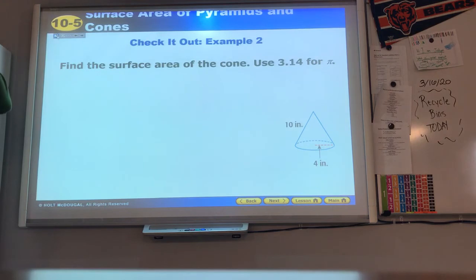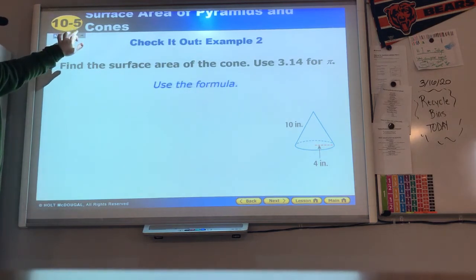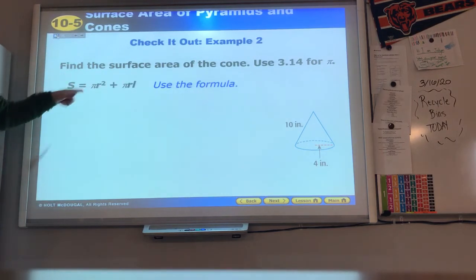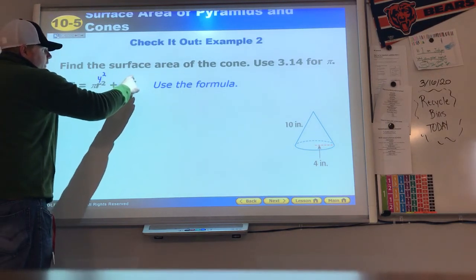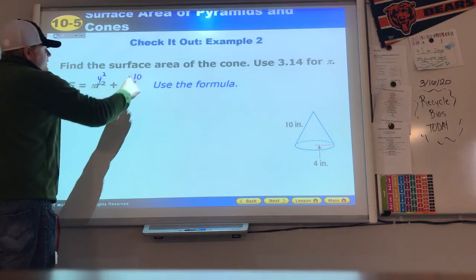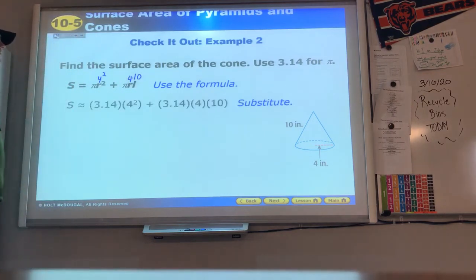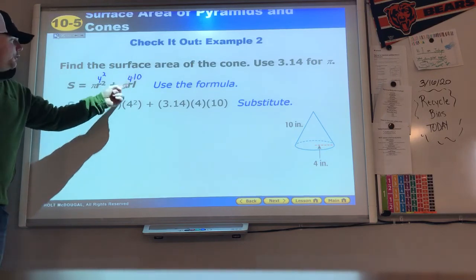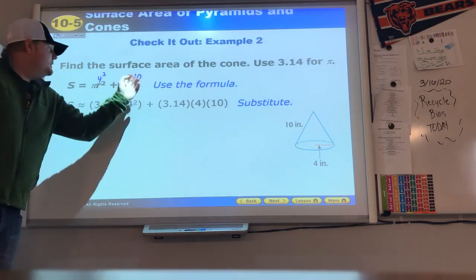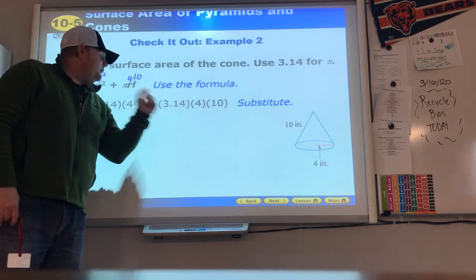So, we look at the formula. Use that first. Oh, 4 squared. 4 times 10. Watch what they plug in. 4 squared times 3.14. 4 for the radius, 10 for the slant height, 3.14 for that.